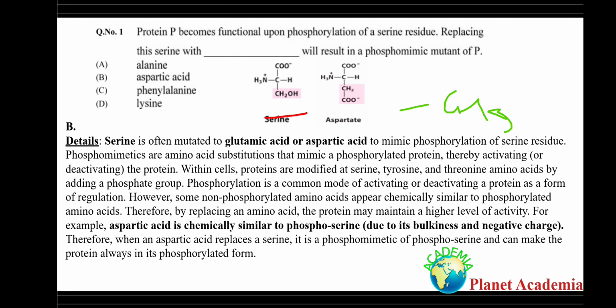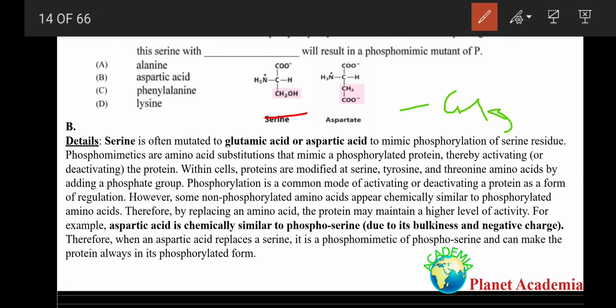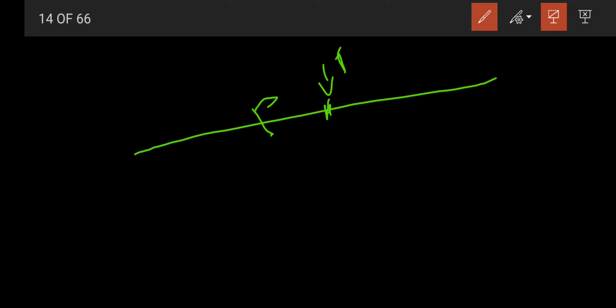I hope you understood the question, and then I'm reading the option. Okay, so I'm again explaining the question. So it is said that the protein P has one serine residue, and when it is phosphorylated it becomes activated or functional.